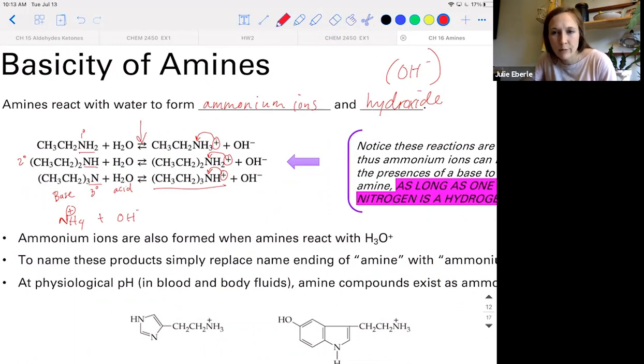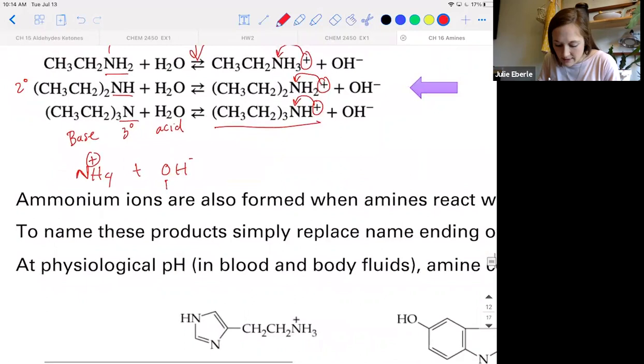Do you remember anything about OH minus and what kind of base it is? OH minus is a really strong base, like the strongest base you can have. So this is the base, and our amine compound, here an ammonium ion, becomes the acid.